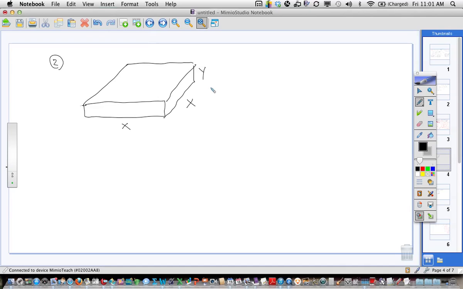So the long side plus the girth, and the girth is a perimeter perpendicular to the long side. Perimeter of a cross section perpendicular to the long side. So it's going to make a difference depending on which one is the long side. If X, the part of the square base, is the long side, that's going to be something different than if Y is the long side.